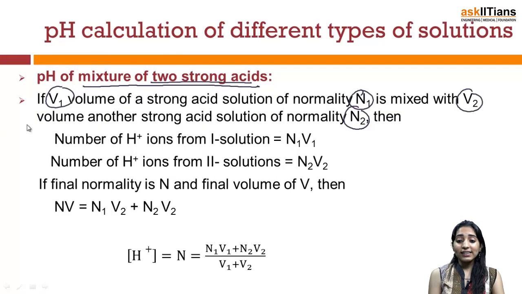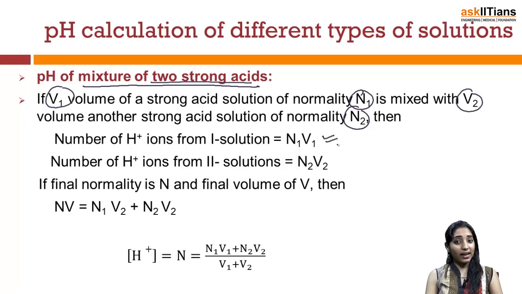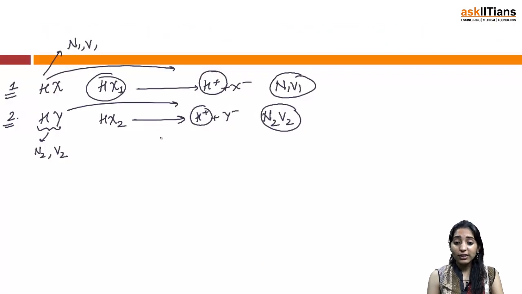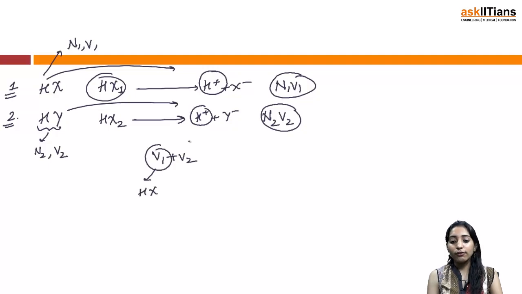So the H positive coming from solution 1 will be N1 V1 and from solution 2 will be N2 V2. The final volume of the solution will be V1 plus V2, because I am taking V1 volume of the first solution HX and V2 volume of the second solution HY.